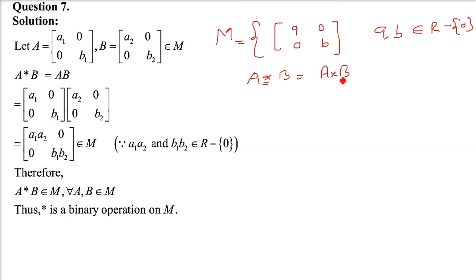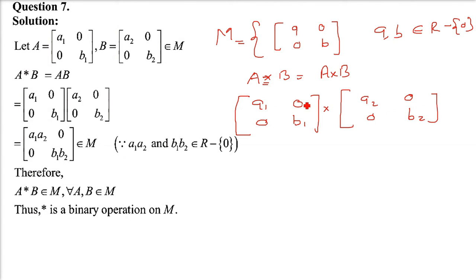See, A into B. So let us take A. A has to be taken from this set only, right? M set. This is [A 0; 0 B]. I'm taking [A1 0; 0 B1]. Then you have the B. So you are multiplying it basically. What is B here? See, B is [A2 0; 0 B2].